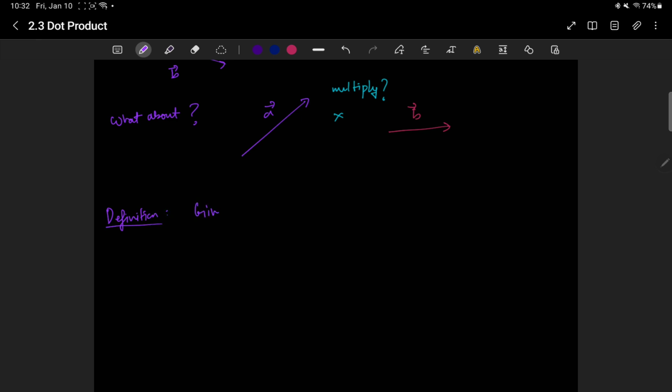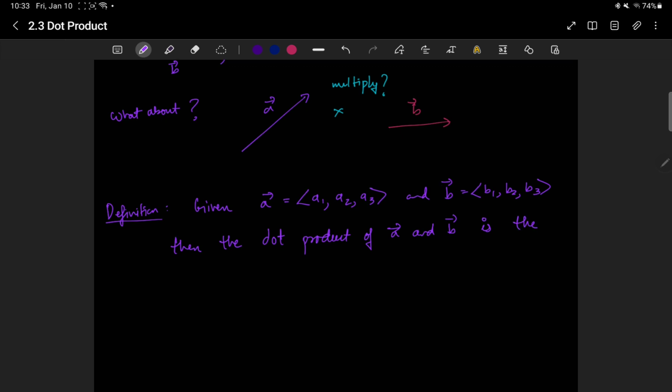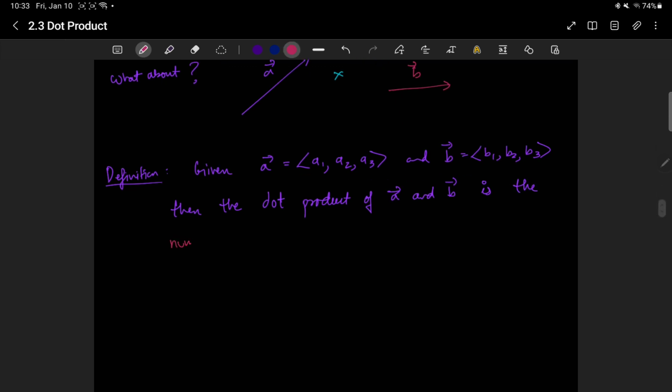So given vector A, suppose the components are A1, A2, A3, and a vector B whose components are B1, B2, B3 in the X, Y, and Z direction, then the dot product of A and B is a number.